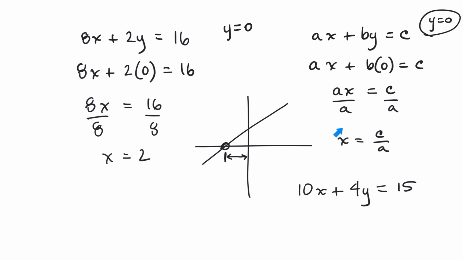This is our little formula that we created by solving this general form. So if I plug that in, x equals c is 15, a is 10, so it would be 15 tenths or 3 halves. So x would be 3 halves. That's the value of x when this line, if we graphed it, crosses the x-axis.